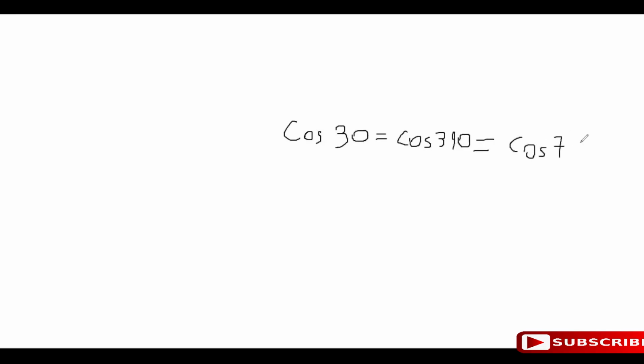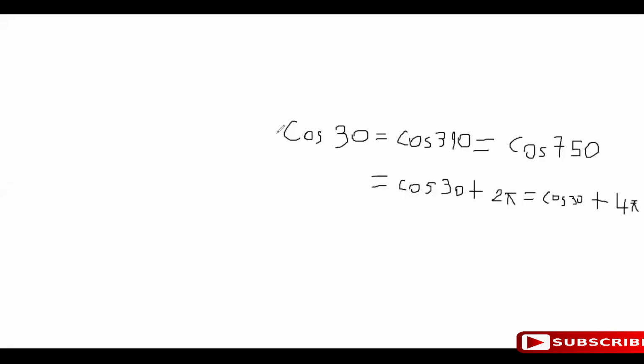And so another way of representing all of this, I can say that the cosine of 30 is equal to the cosine of 390, where the cosine of 390 is the cosine of 30 plus, in this case, 2 pi. It's also equal to the cosine of 30 plus 2 times 2 pi, which is 4 pi. And I can go on to 6 pi, 8 pi, and so forth.